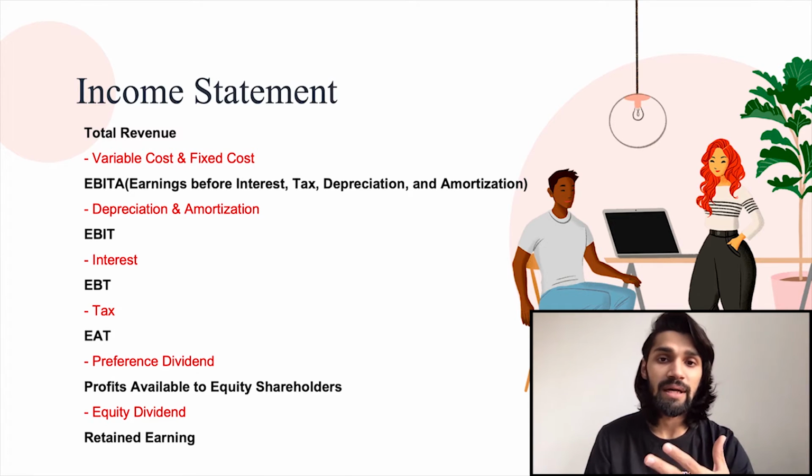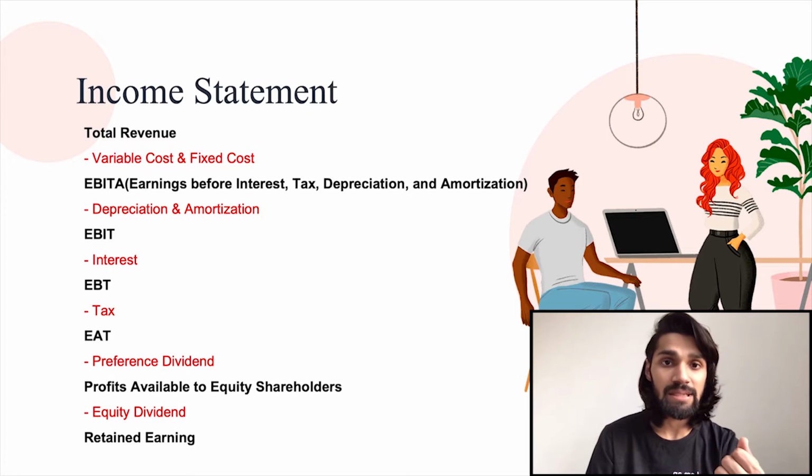You probably know what interest is, you probably know what tax is. Depreciation and amortization are things basically that depreciate in value. Depreciation is something which can be tangible, and amortization can be something which is intangible.